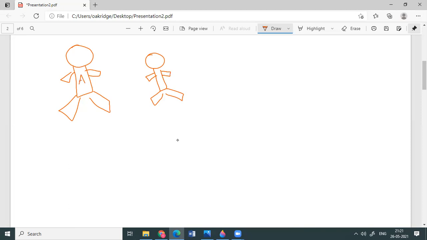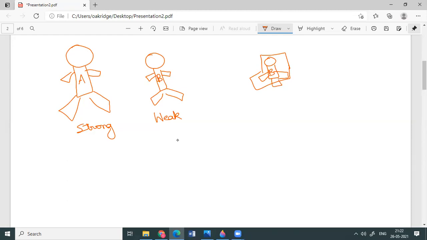Boy A is a little strong and boy B is a little weak. Now boy B didn't know. He's new to the class. He didn't know that it is A's place, and he just went and sat on his chair. So boy B has sat on the chair of boy A.